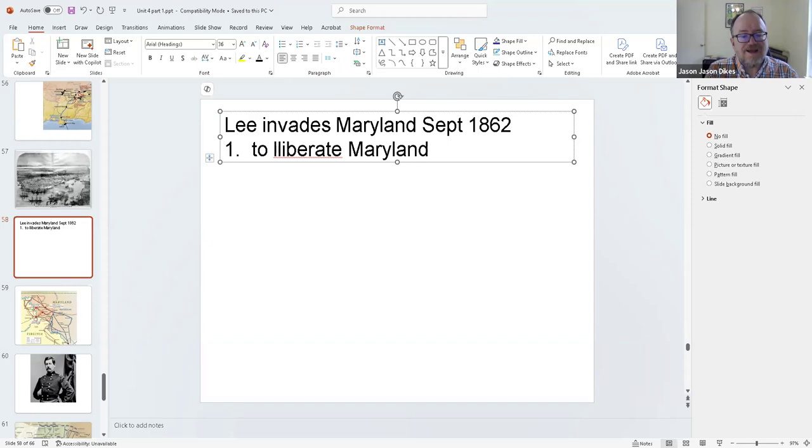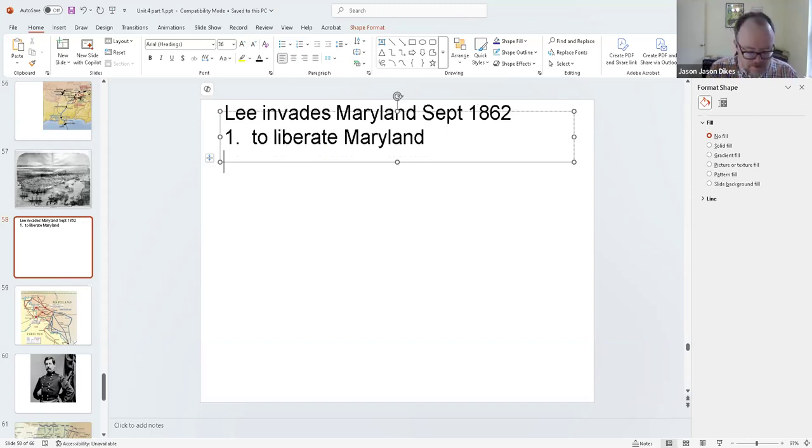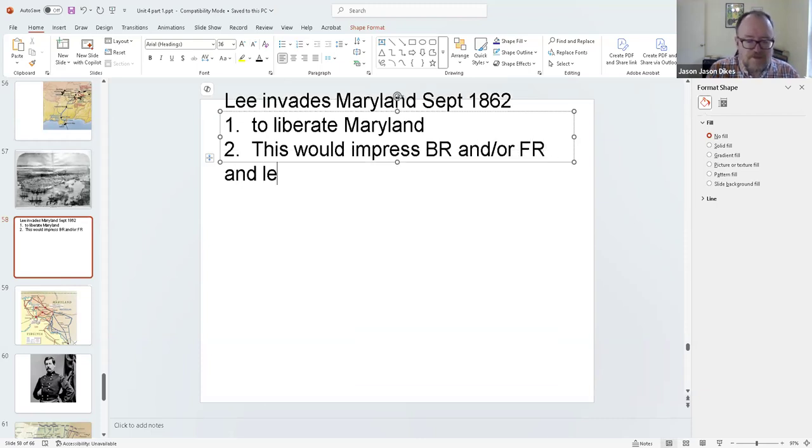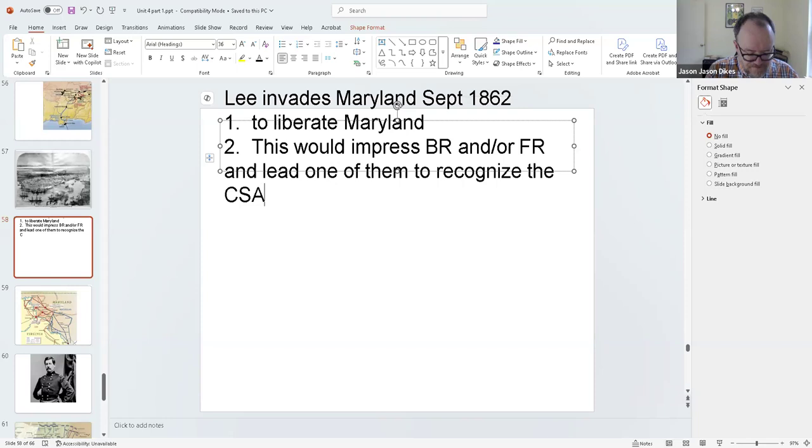You recall that Maryland had wanted to leave the Union and was being held in by force. But it was also felt that this would impress Britain and or France and lead one of them to recognize the Confederacy as a legitimate nation.